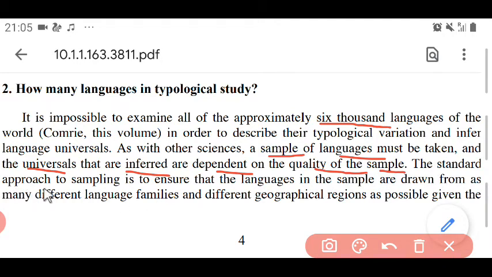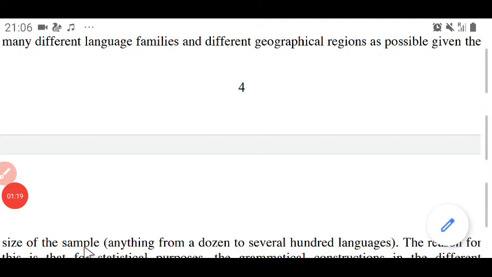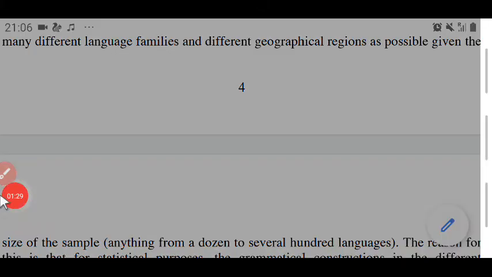The standard approach to sampling is to ensure that the languages in the sample are drawn from as many different language families in different geographical regions as possible, given the size of the sample, anything from a dozen to several hundred languages.